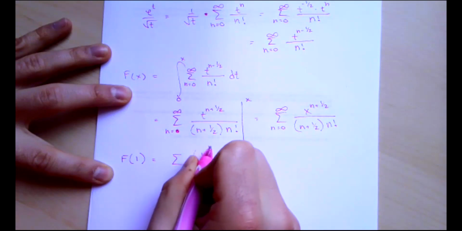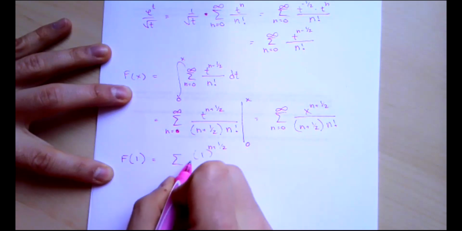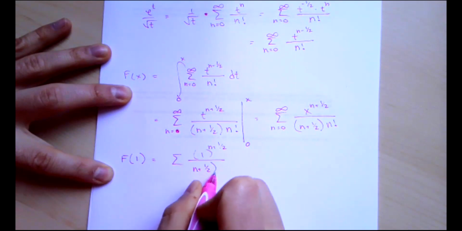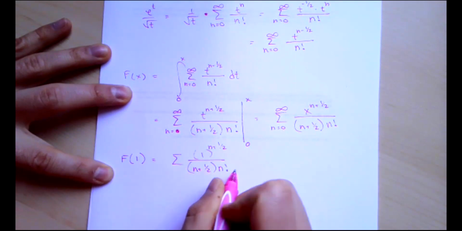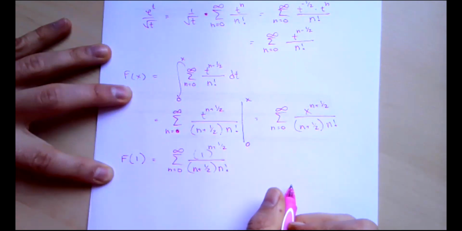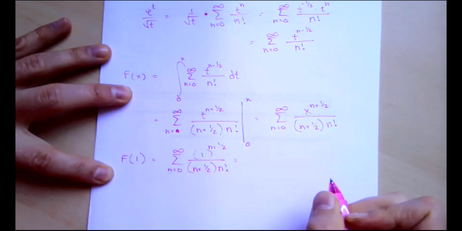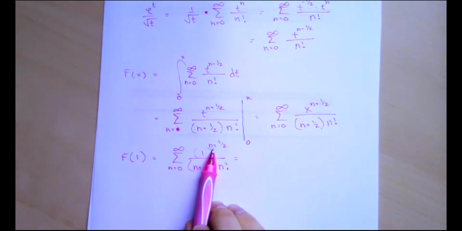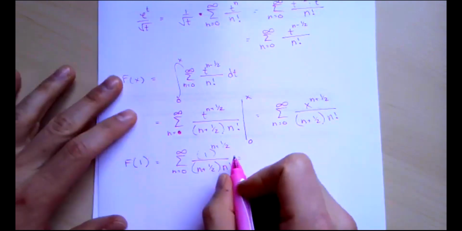And what do we get? Well, 1 to the n plus 1/2 divided by n plus a half, n factorial. And then 1 to the n plus a half. Because when n starts at 0, I'll have square root of 1 is 1, and then every term is going to be 1 after that.